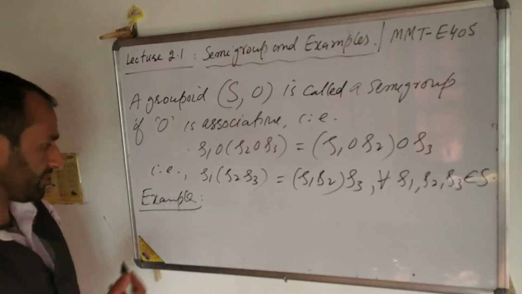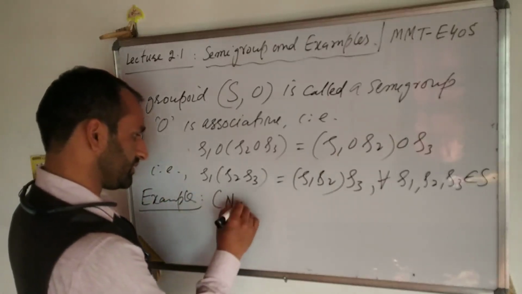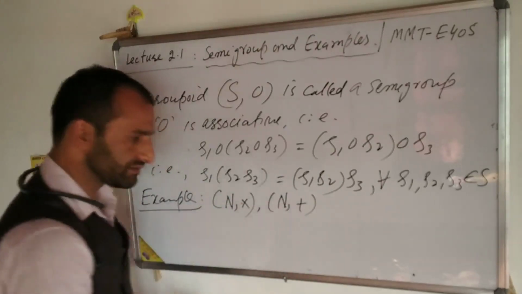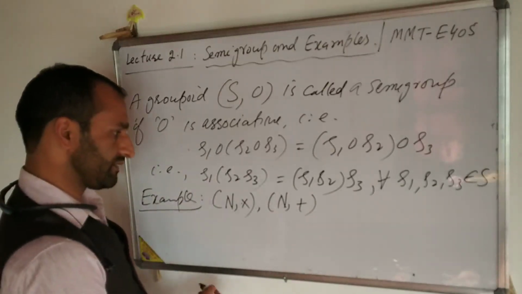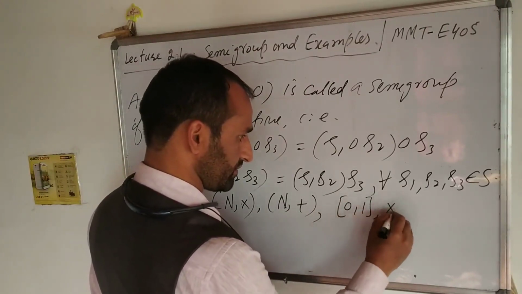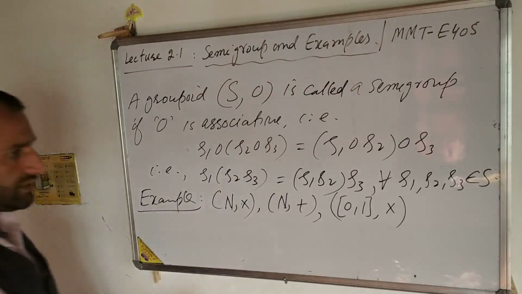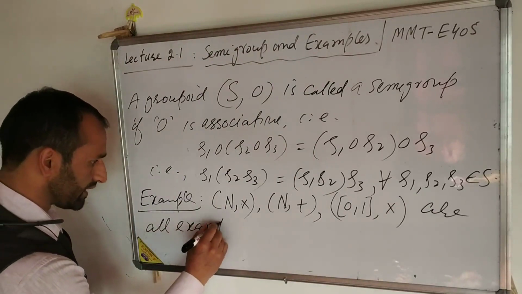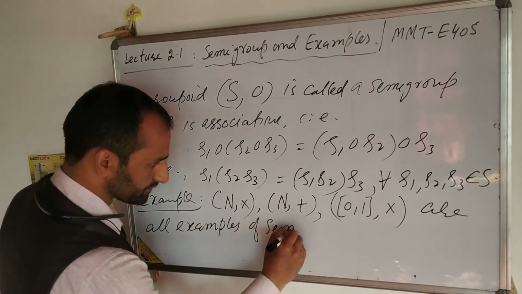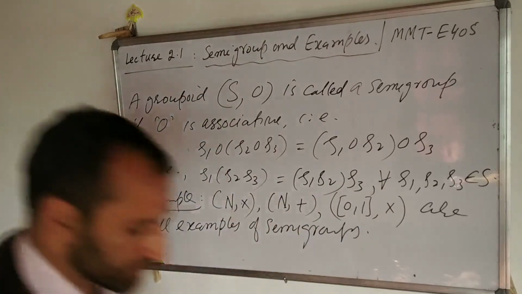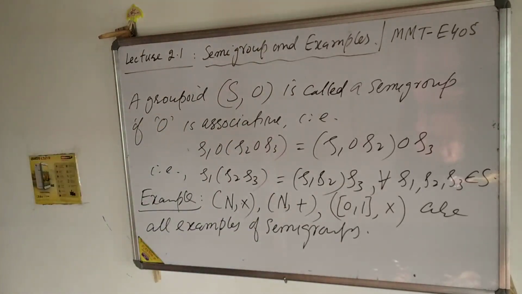So examples are the set of natural numbers with multiplication, the set of natural numbers with addition, or the interval [0, 1] with respect to the usual multiplication. They are all examples of semigroups.